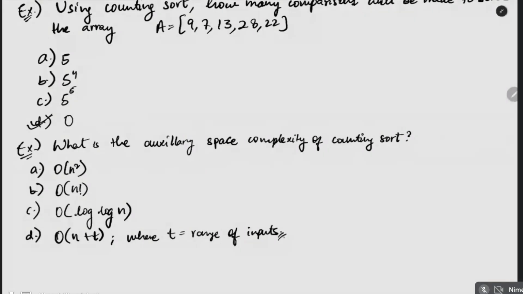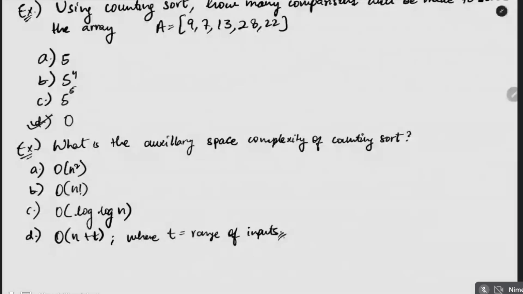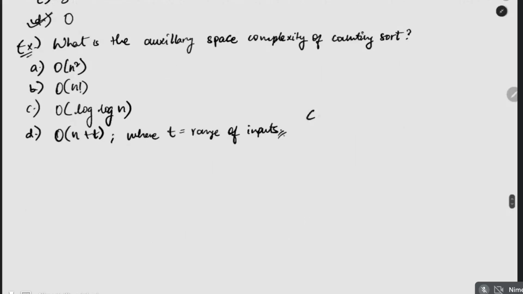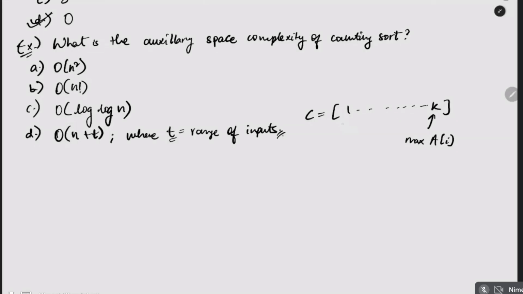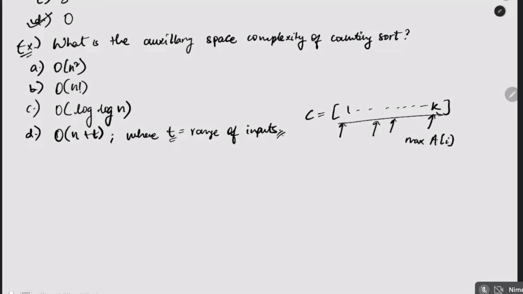Again, the auxiliary space depends on the range of input, because the size of the auxiliary array C that we make depends on the maximum value of A. So it depends on the range of input linearly, and it also has to hold all the individual values of n, and potentially the values can go up to n as well.